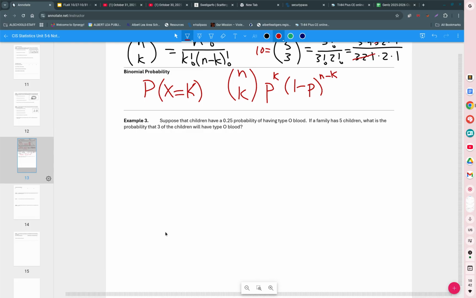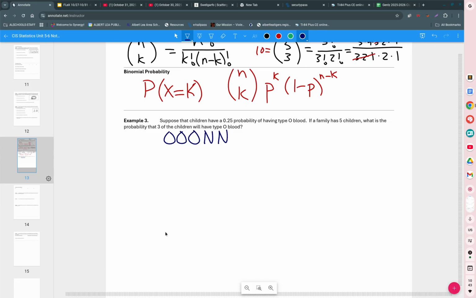So I'm just going to write, I like to do it this way: we're going to have type O, type O, type O, and then what letter should we use for the other type? N, for not type O. So what is the probability of type O? 0.25.